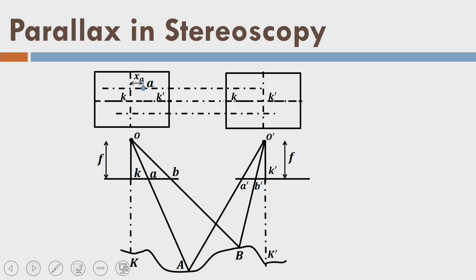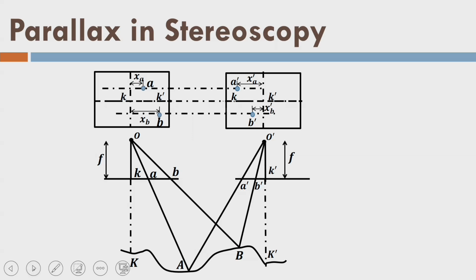So, this is my XA, that is the x coordinate of point A in first image. Similarly, I have point B here, so I have XB here, you see in the animation. So, try to look carefully in the animation. I am going very slow here. Again point A dash, so I have B dash, so I have XA dash and XB dash.